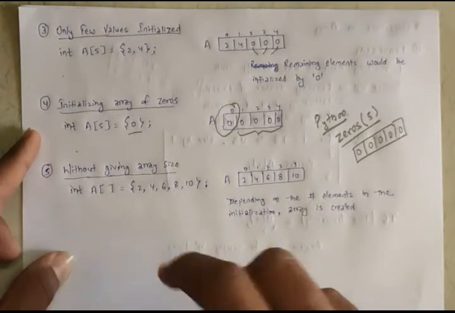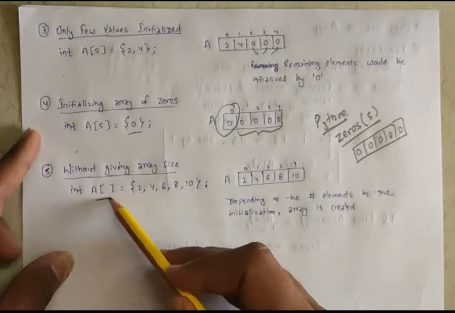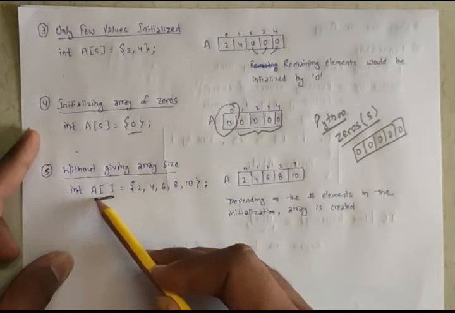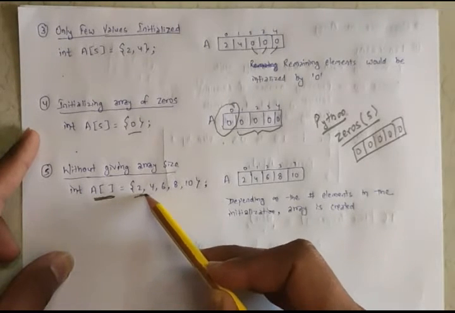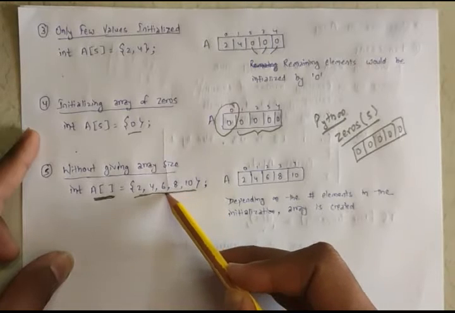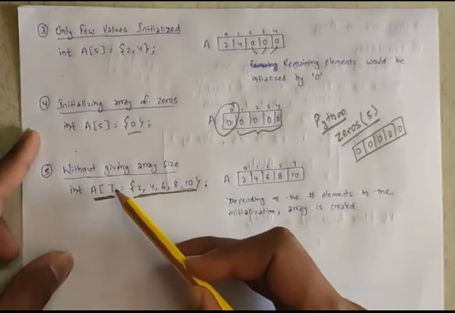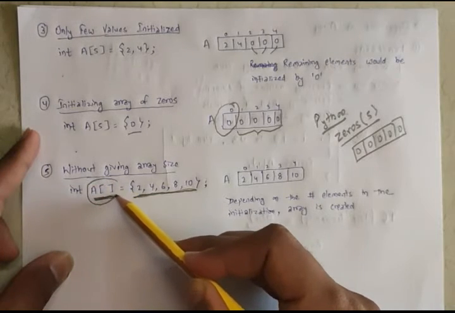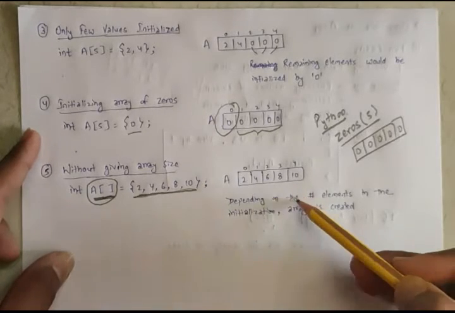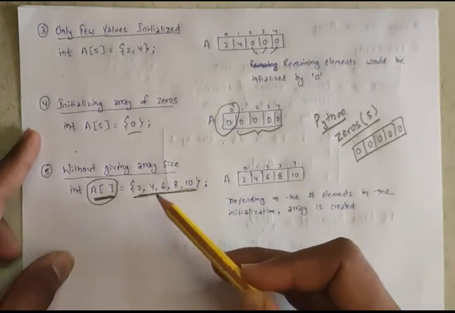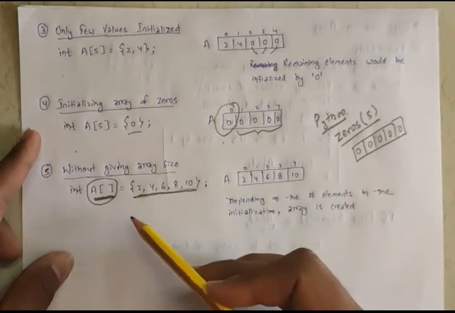The next case is when we don't specify any size of the array and we tell the compiler to initialize the array with these values. So even if we have not specified any size, the array would be created with the same size as the number of elements which we have initialized.